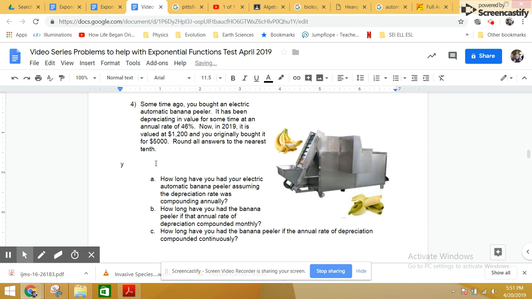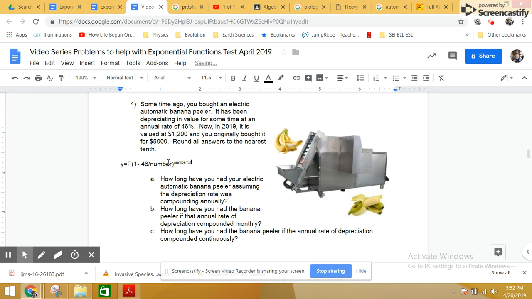So y is going to equal our initial value, which will be our principal, times 1 minus, because it's depreciation, 0.46, which is our rate, over our number of compounding events, and that's going to be raised to the number of compounding events times x.